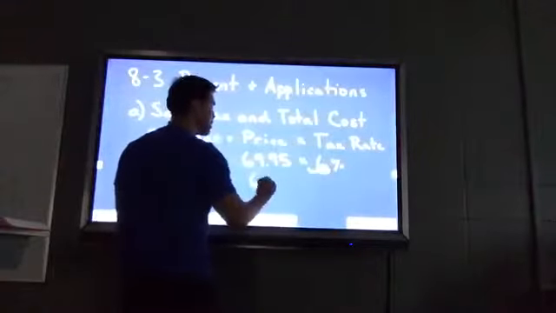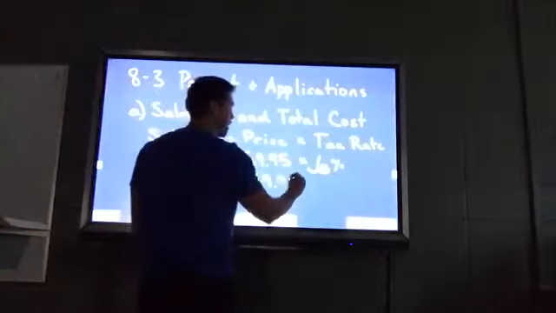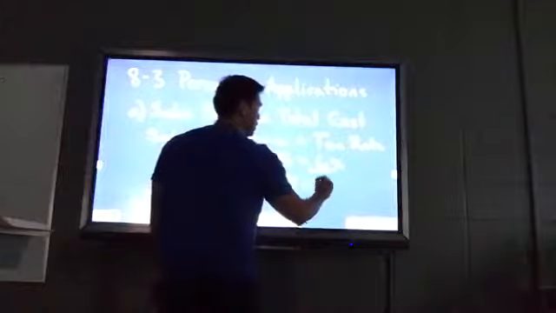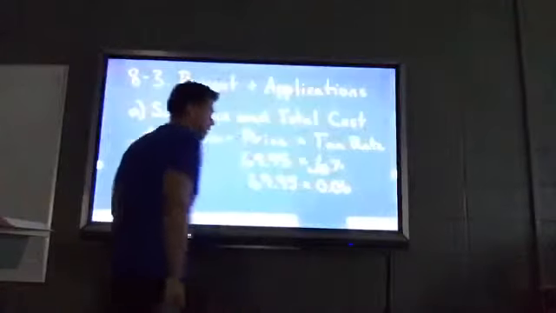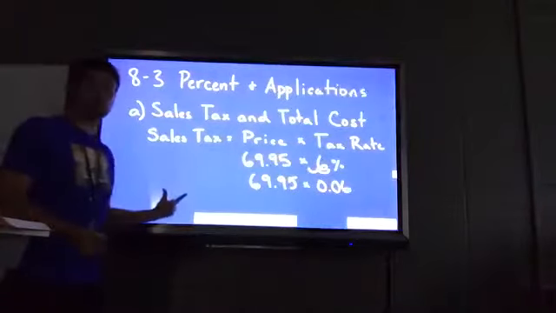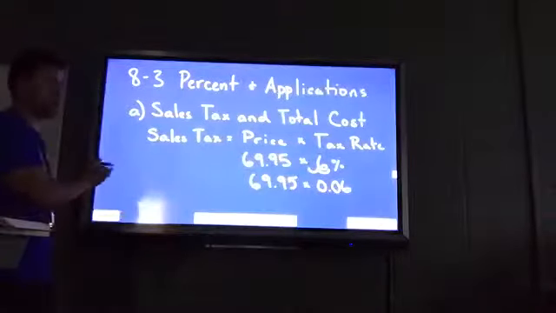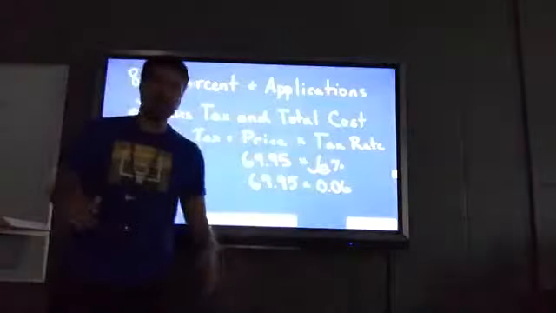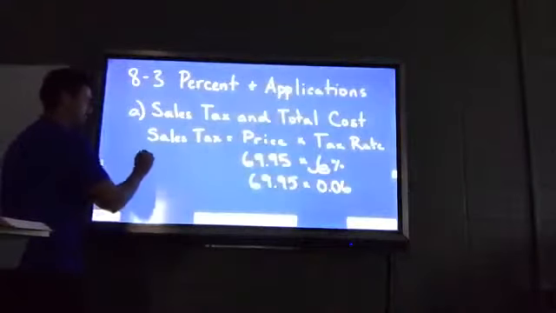And so really what I'm doing is 69.95 times 0.06. Okay, so that's my real math problem. So what I want you to do is go ahead and work that out and see what you get. I'll work it out on the board, but everyone needs to be working out this problem and see if we get the same thing.